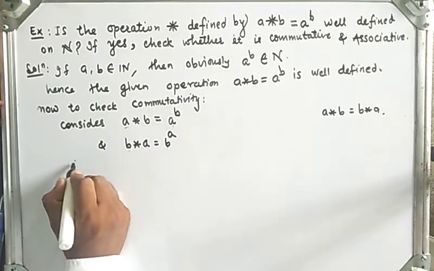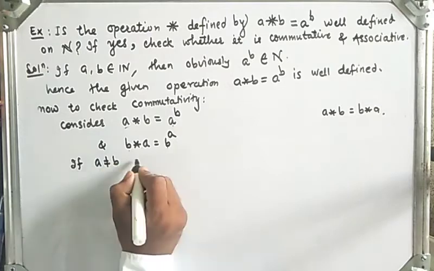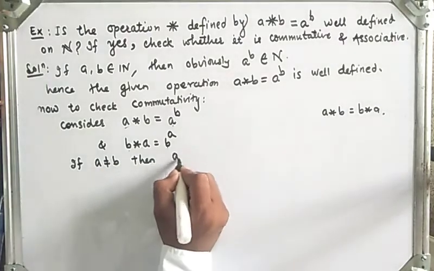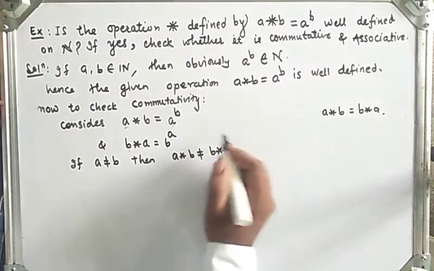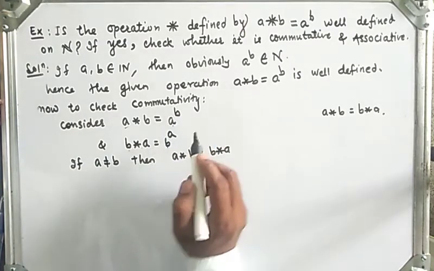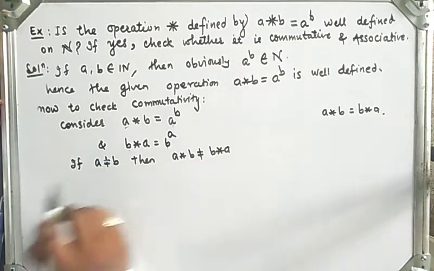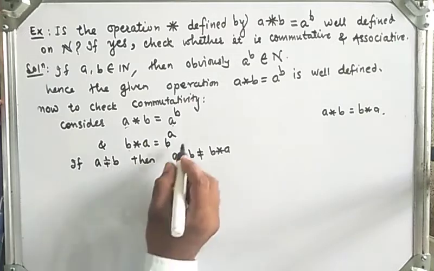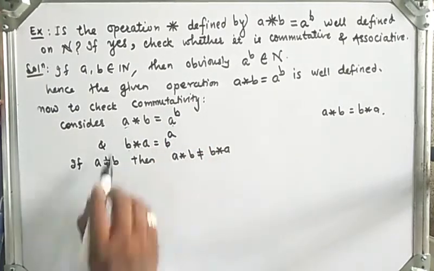So therefore, if a is not equal to b, then a star b is not equal to b star a, because a raised to b is not the same as b raised to a, right? And if a is equal to b, then obviously a raised to a and a raised to a will be the same, right?